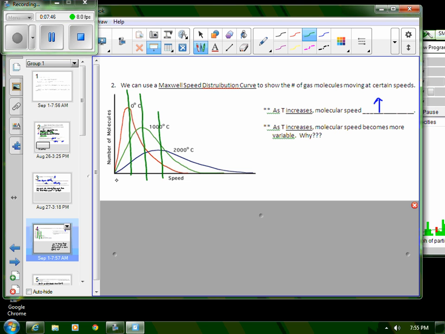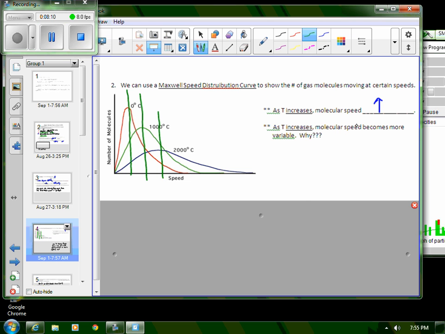But if you're on the Autobahn and people are going like 110 miles per hour, there's a lot of possible speeds that people could be going. They could be going 0, 20, 50, 70, 100, 120, etc. So you have a lot more possible speeds when you raise the temperature. That's why you've got some going slow, some going a little faster, some going a little faster, and so on and so forth.